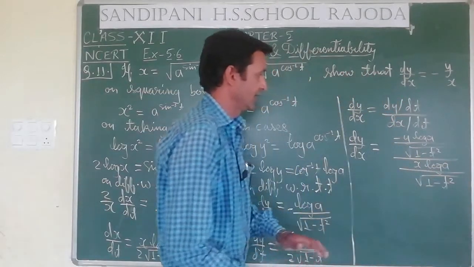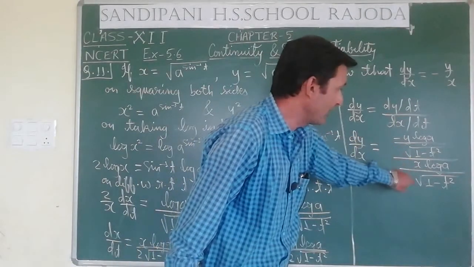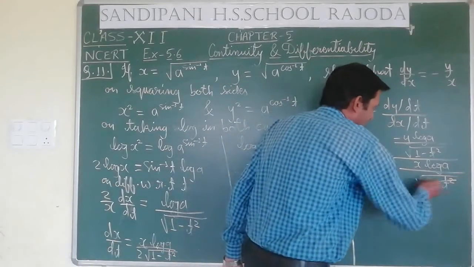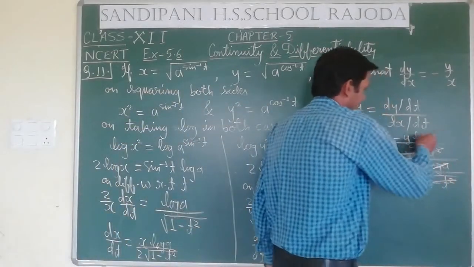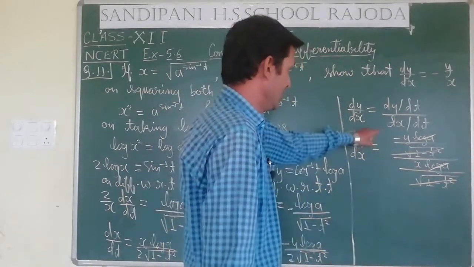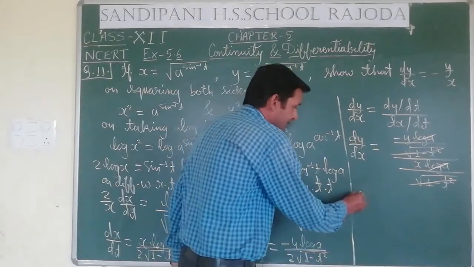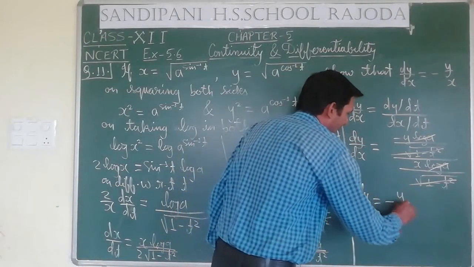We can understand in a very proper manner that the denominators of both the parts are the same, so this will be cancelled, and log a and log a will be cancelled in the numerator and denominator, and now the remaining part is dy by dx is equal to minus y by x.